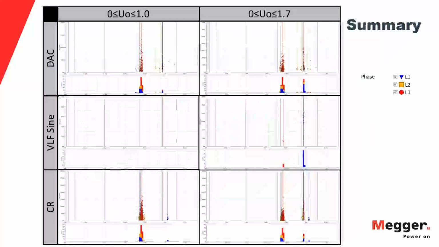So in this case, the VLF sine found the splice at 750 meters only at the higher voltages, only above rated voltage, and only on C phase. And it found the problem splice at 900 meters only at higher voltages, and only on A phase, where both damped AC and cosine rectangular found problems on all three phases, especially at voltages above rated voltage.